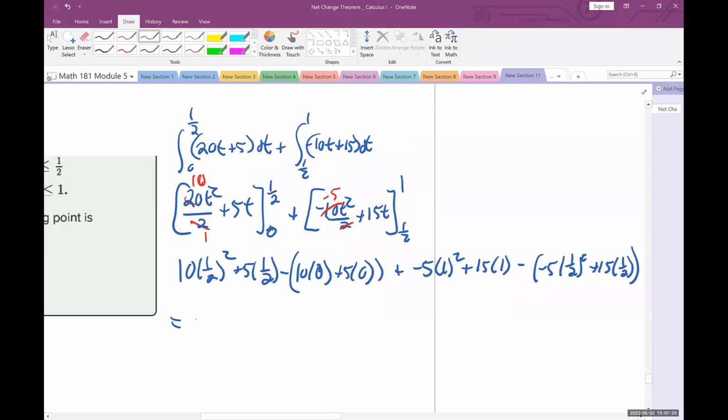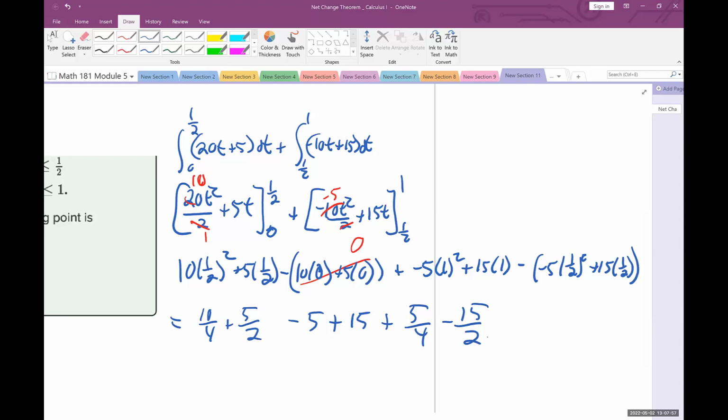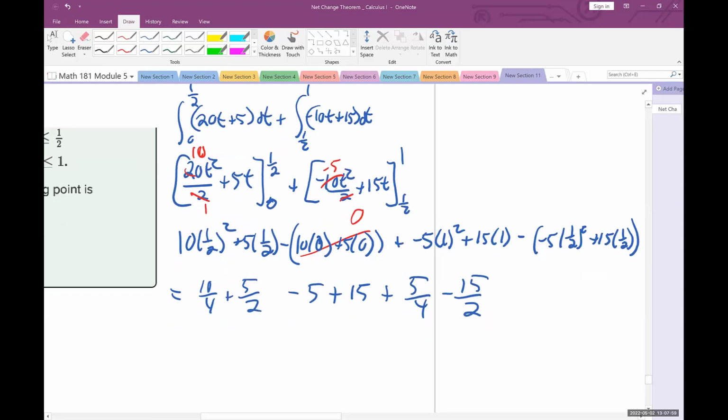Honestly, I'm at this point where I just feel like putting this in the calculator. So 10 times 1/2 squared, that's 10/4 plus 5/2 minus 5 plus 15 minus negative makes it plus 5/4. Then minus 15/2. I did just put this in the calculator at this point.